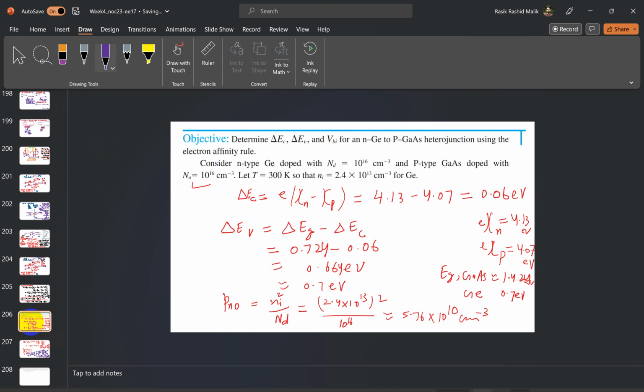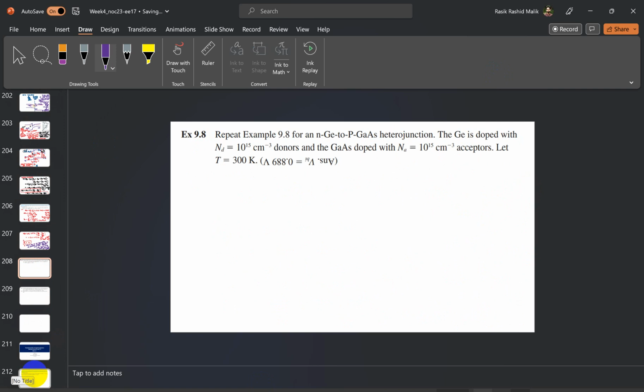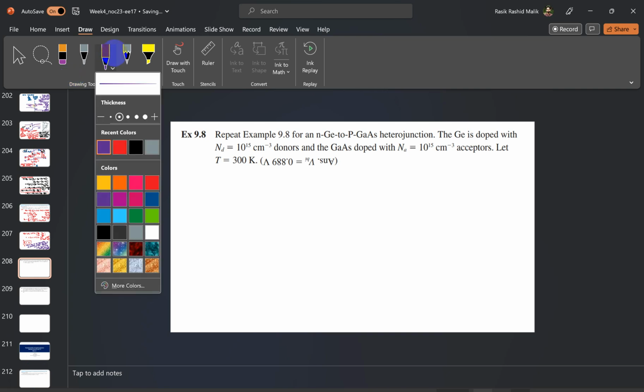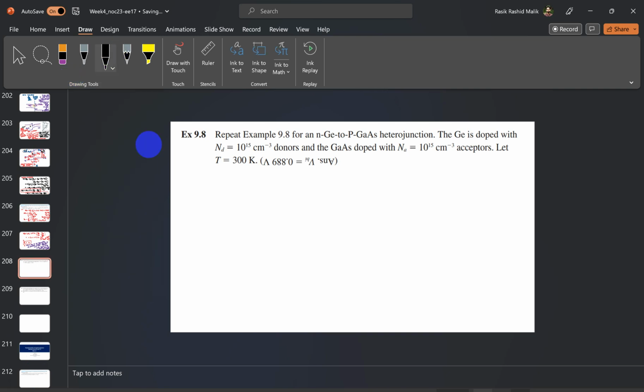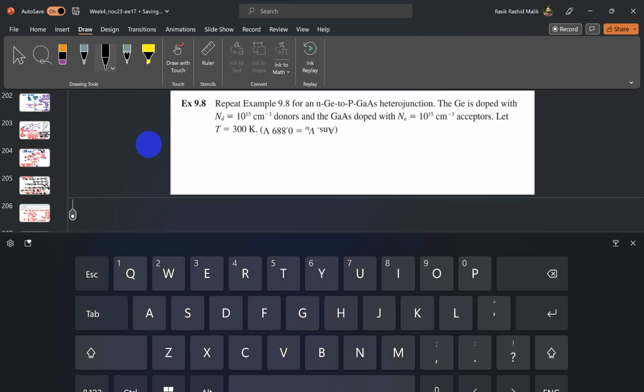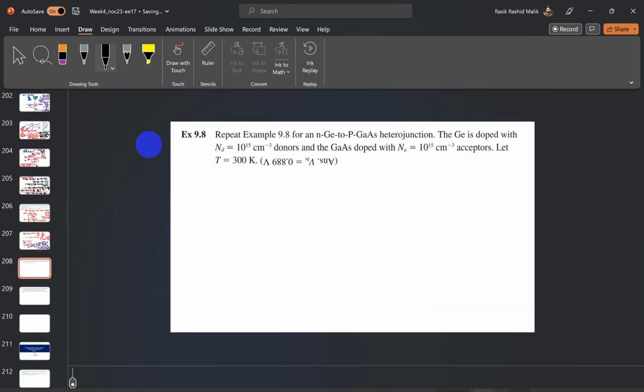Now let's move to the next question. It is about repeating the same example, N germanium and P gallium arsenide. The only thing is that the germanium is now doped with 10 to the power 15 donors and the gallium arsenide doped with 10 to the power 15 acceptors, and the temperature is the same. So this is just a repetition of calculations.